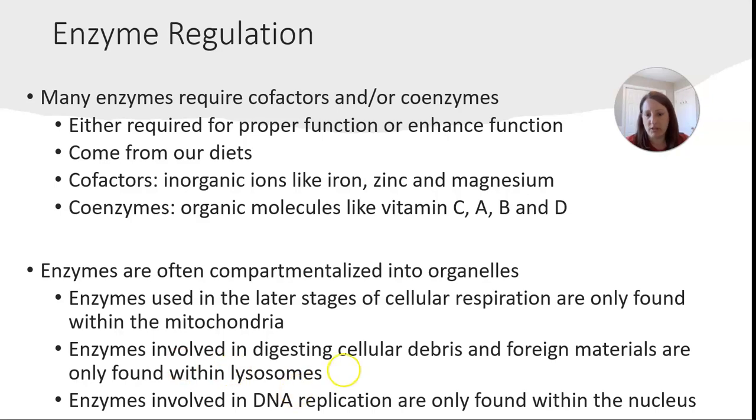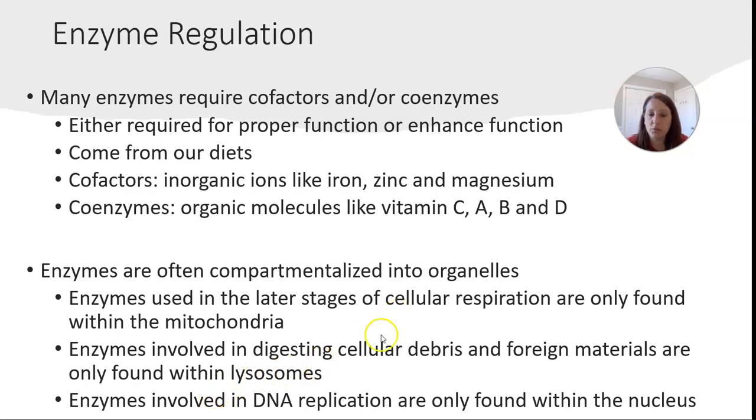Second one, we've actually already heard about this, but enzymes that are involved in digesting cellular debris and foreign materials are only going to be found within lysosomes, right? So we talked about phagocytosis and autophagy, things like that. The lysosome is involved in that, and the lysosome has digestive enzymes that are going to be specifically in that compartment and really nowhere else in the cell.